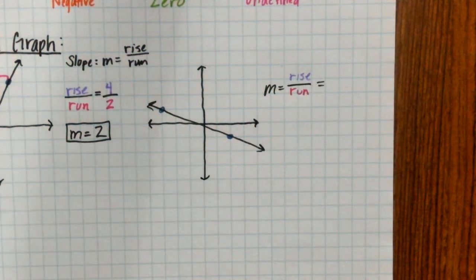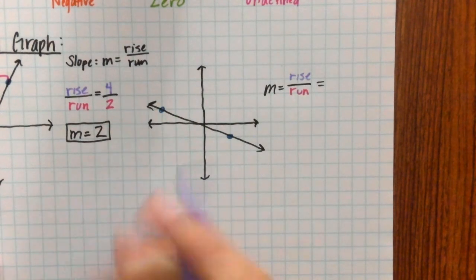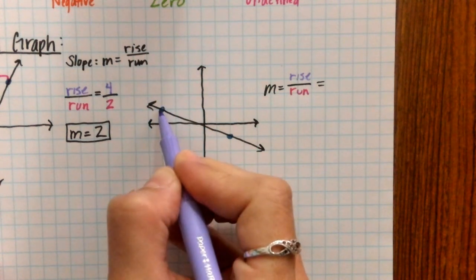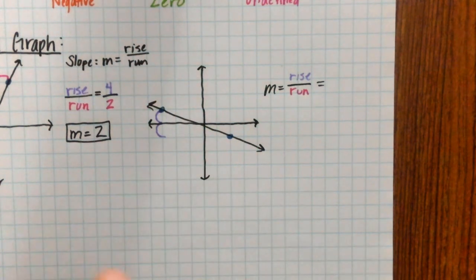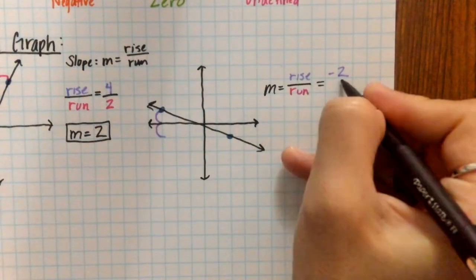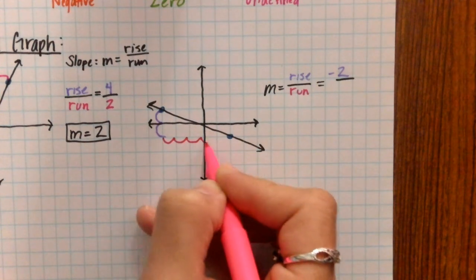So now we go and we find our rise. Again, always start at the furthest left point. I'm going to notice I'm not rising, so this is going to be a little different. Now I'm going to fall 2 places. What that means is I'm going towards the negative, so I'm going to have a -2 over. When I run, I go 1, 2, 3, 4, 5.